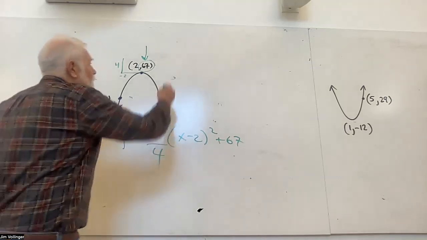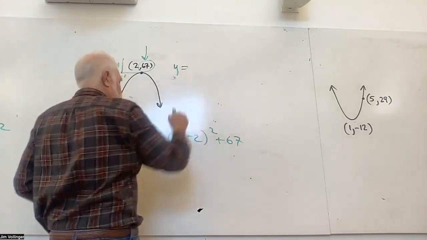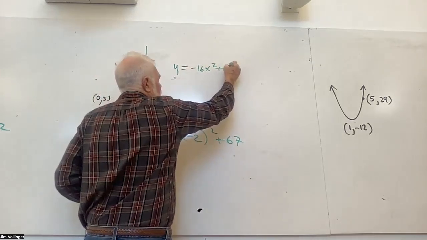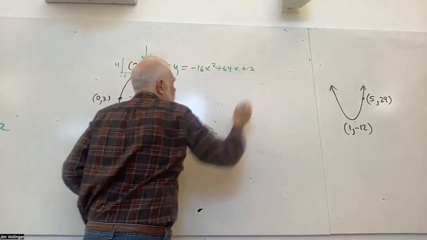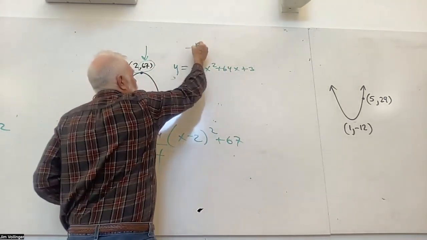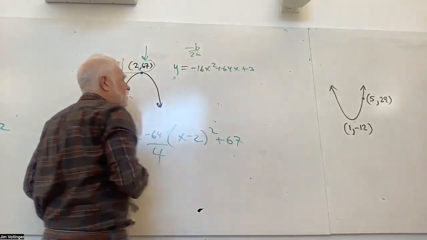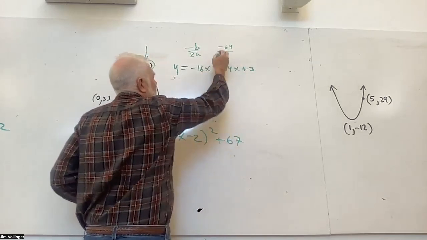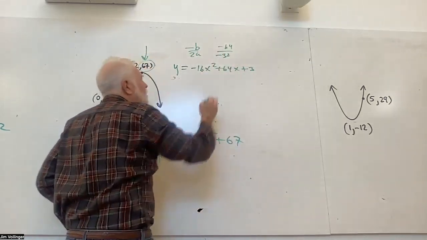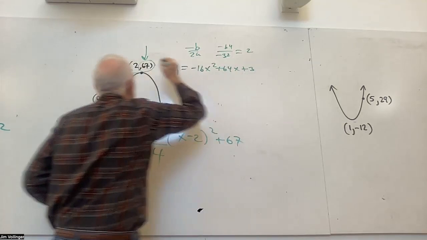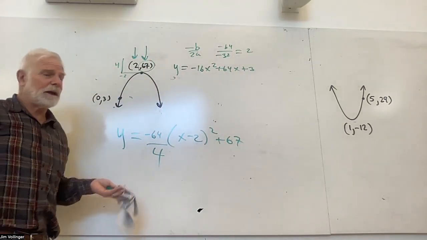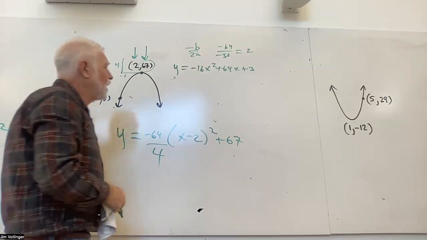Now, a look into the future. If I multiply this out, I get minus 16x squared plus 64x plus 3. Okay? Minus b over 2a, we're going to be talking about in great detail. Minus 64 over 2 times this is minus 32. Lo and behold, that's a quick way of finding the x value of a vertex. I haven't explained why. That'll come in the future. All right.